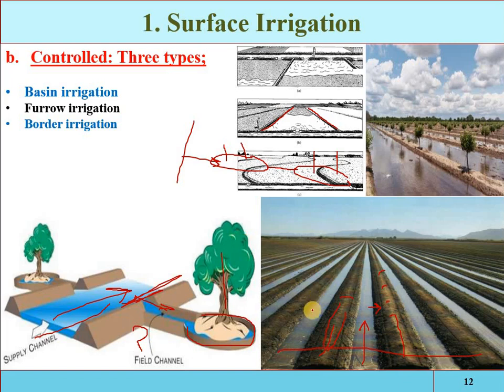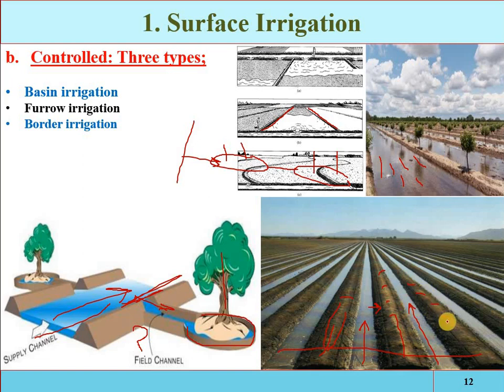For example, if you plant in the flooded portion, the crops are sensitive to direct contact with the water. So in this case, we construct these furrows. The crops are planted on these levees or dikes, and the water is in the channels, in the small ditches or furrows.